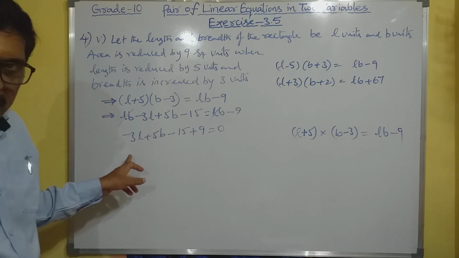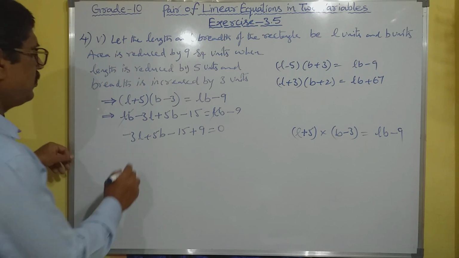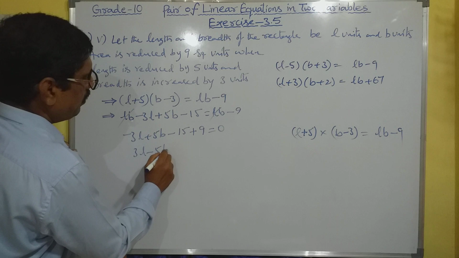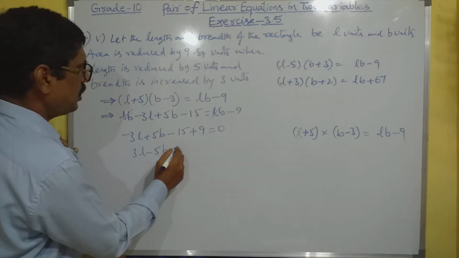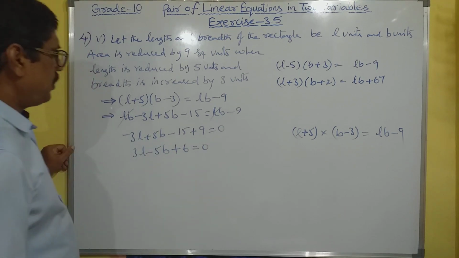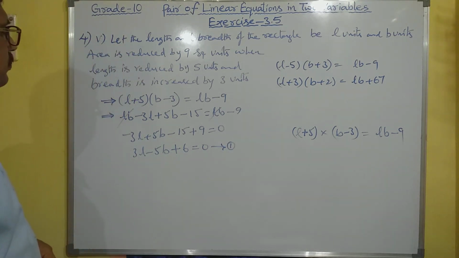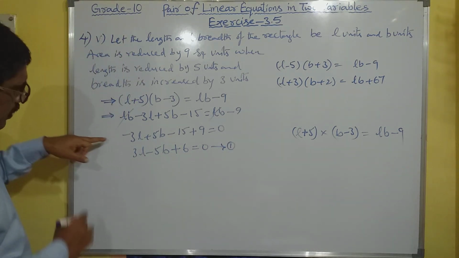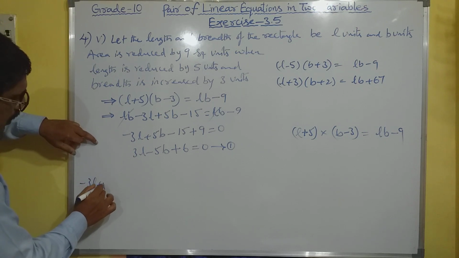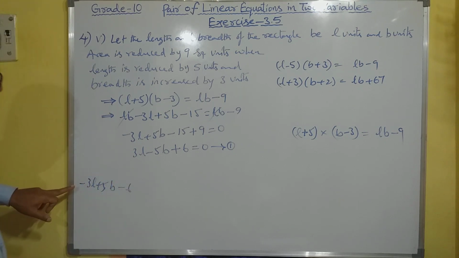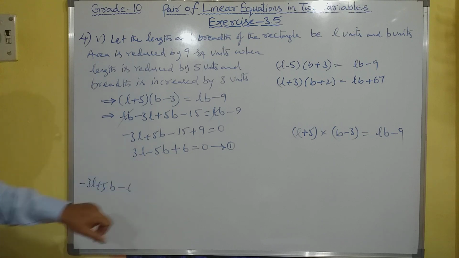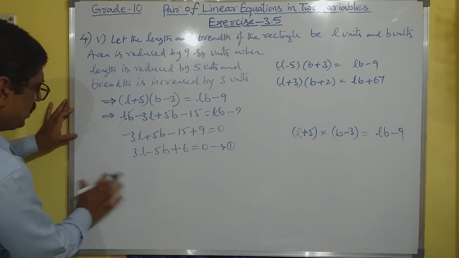So minus 6. This is the first equation. Did you understand? Actually we get 3L minus 5B minus 6, is equal to 0. This is the first equation.